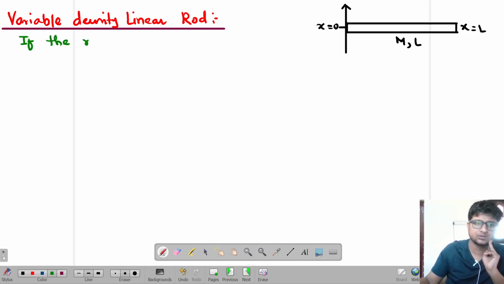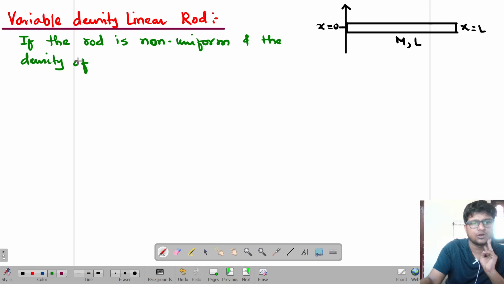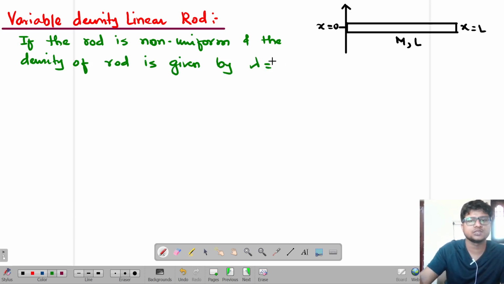Now, the question is that if the rod is non-uniform, and the density of the rod is given by lambda is equal to a plus bx, and mass is not given, just length is given.